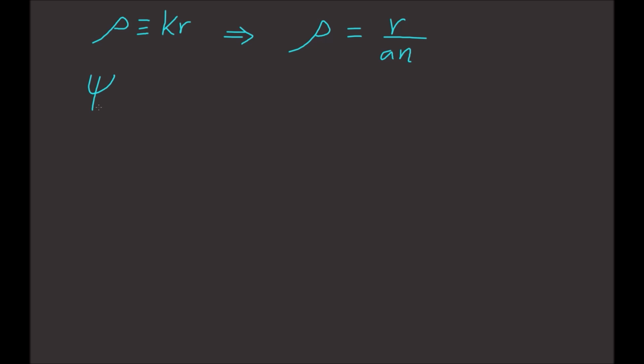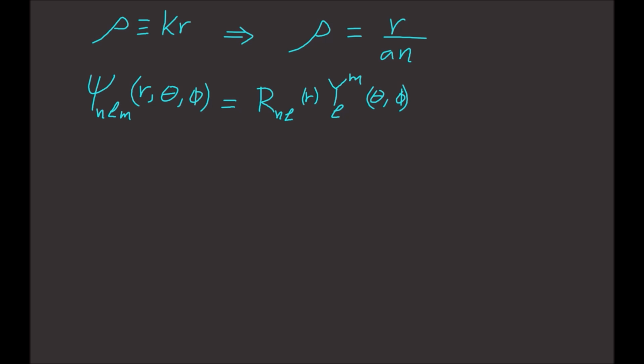So we have psi sub n, l, and m. It's a function of r, theta, and phi. And psi is made out of two functions. It's made out of R sub n and l, and it's made out of the function Y sub l and m, theta and phi.